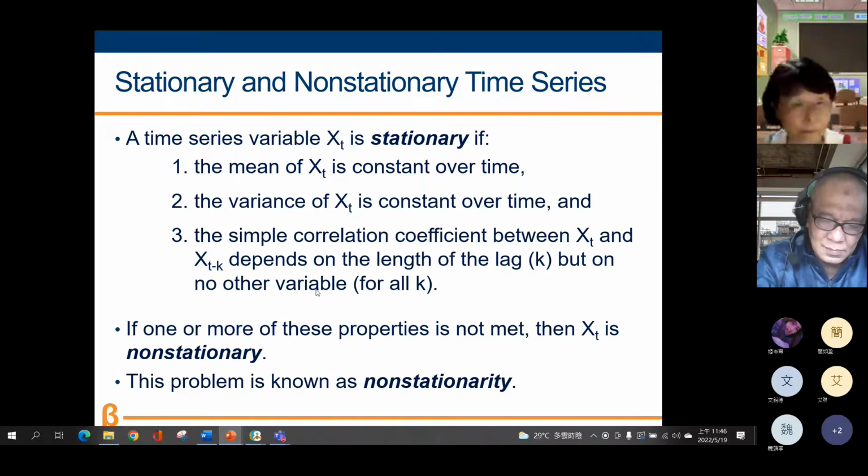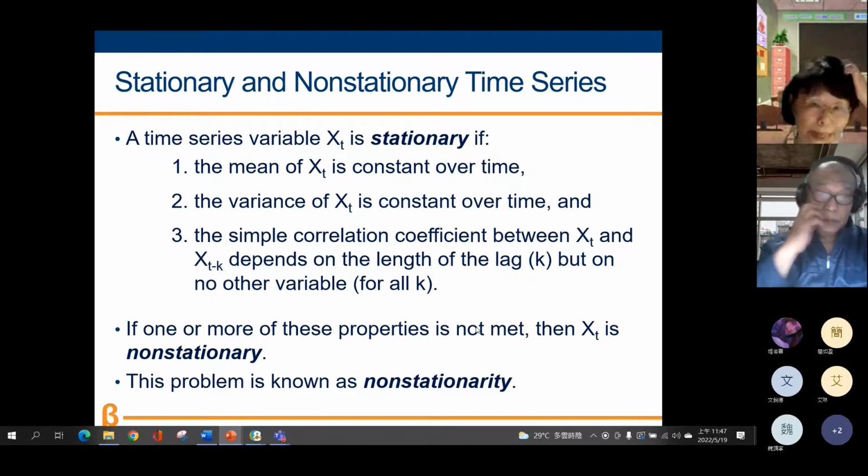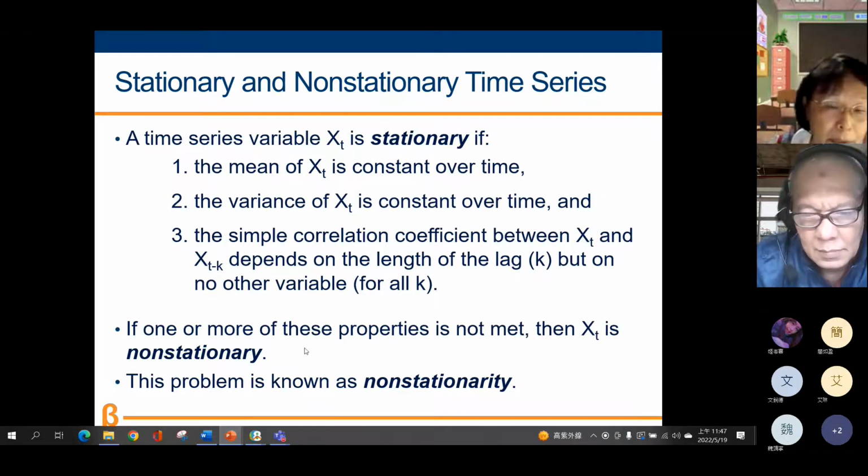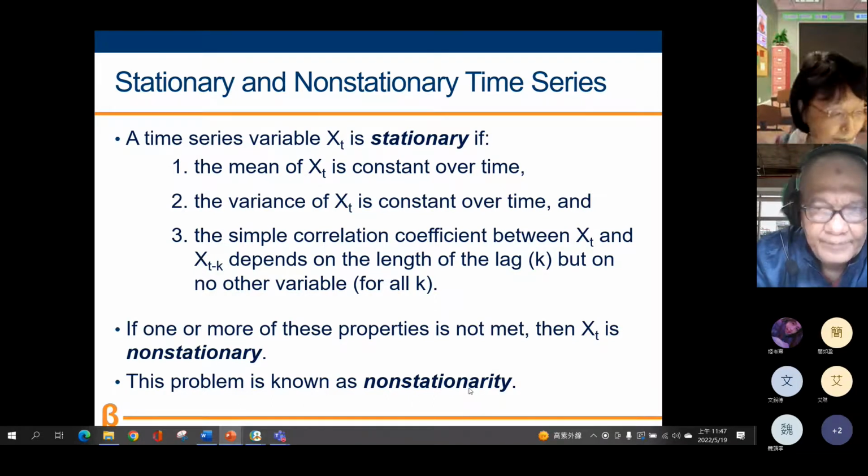All right, if these 3 properties are met, then we call it stationary. And if one or more of these properties is not met, then x_t is called non-stationary. And if the variable x_t is non-stationary, we know this is a problem of non-stationarity.